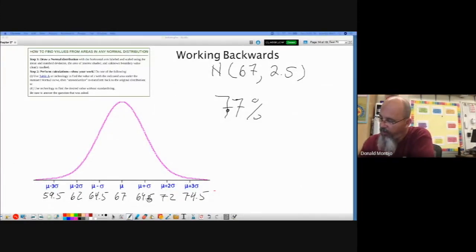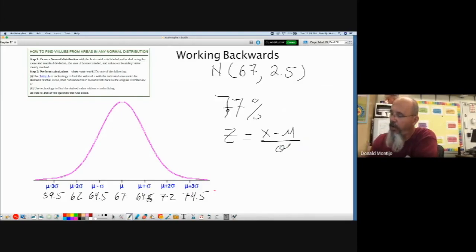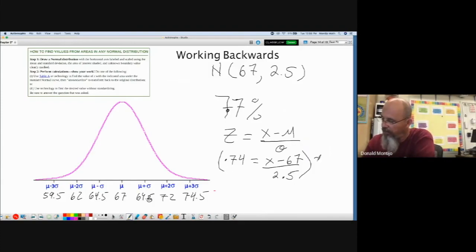So remember, the data is normal, so it's z equals x minus mu over sigma. Well, I know his z-score is 0.74, but I don't know how tall he is. But I know the mean is 67 and the standard deviation is 2.5. So I'm simply going to solve this equation for x. Multiply both sides by 2.5.